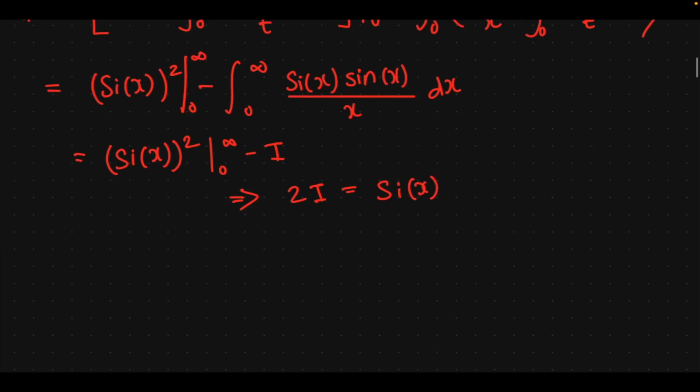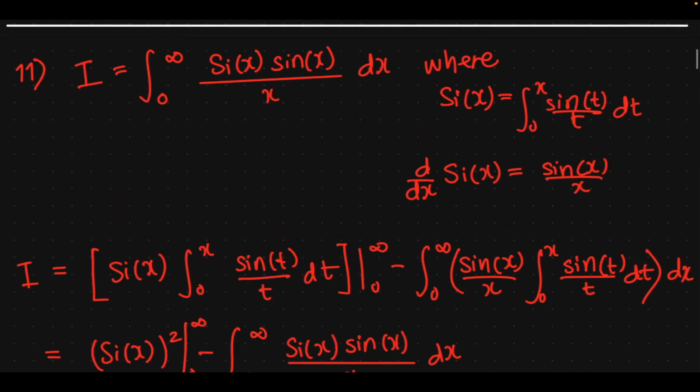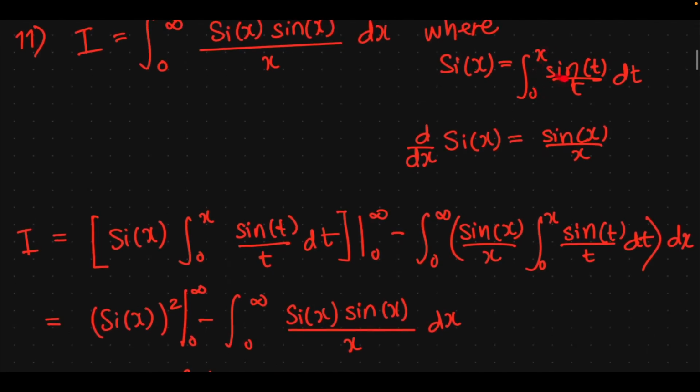Si(x) squared from 0 to infinity. So at infinity, if we go back to our definition, we have the integral from 0 to infinity of sine of t over t dt, which we know is the Dirichlet integral that has the value pi over 2.